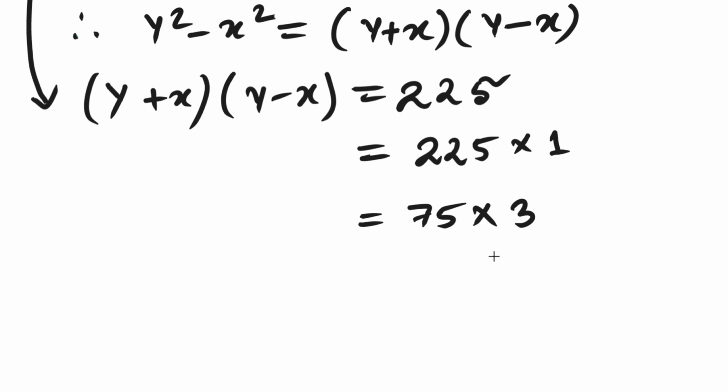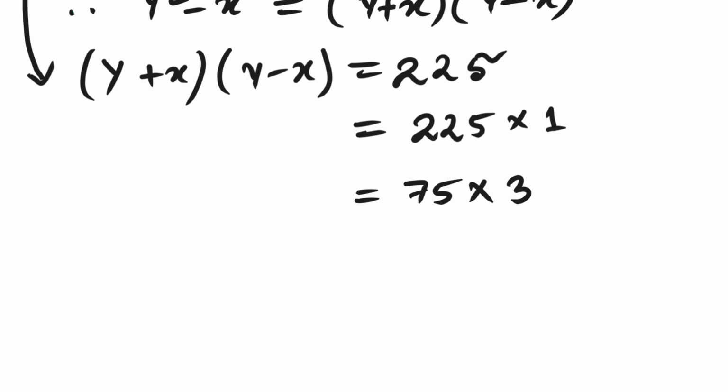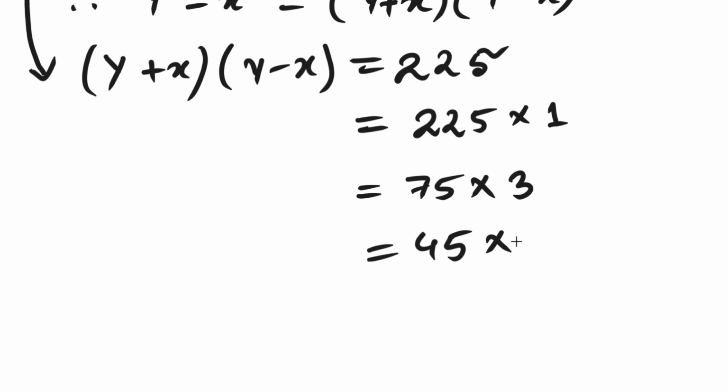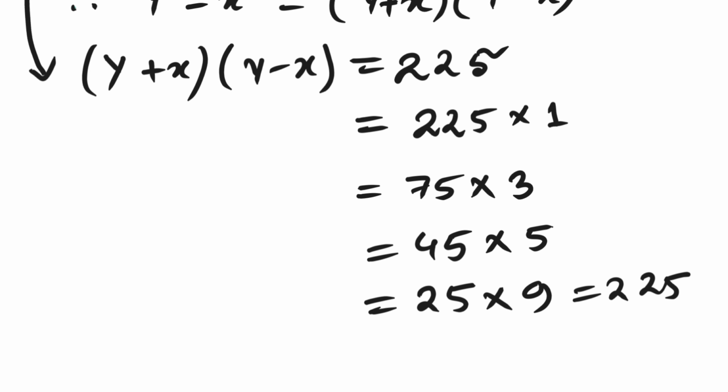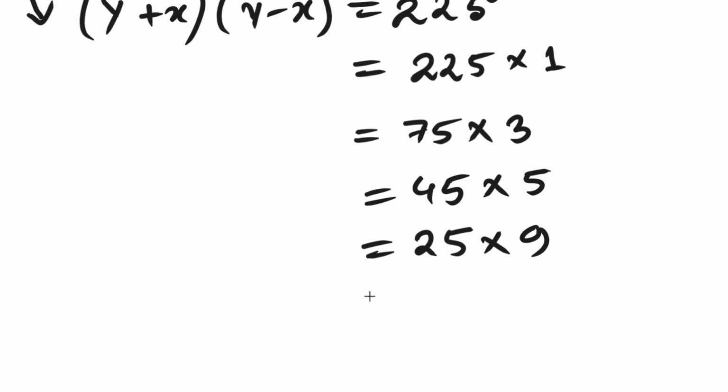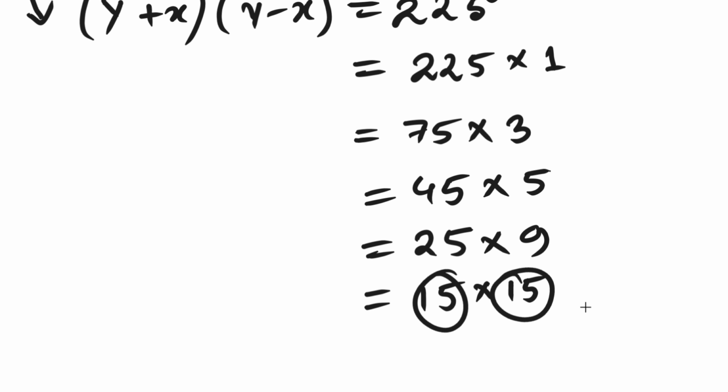So another pair is 75 and 3. 45 multiplied by 5 gives 225, giving 45 and 5. 25 multiplied by 9 gives 225, giving 25 and 9. And finally, 15 multiplied by 15 gives 225. So 15 and 15 is also a factor pair.